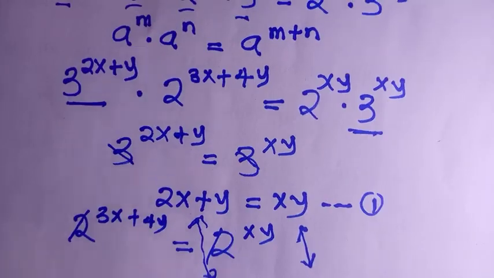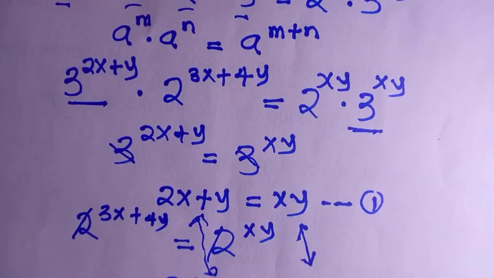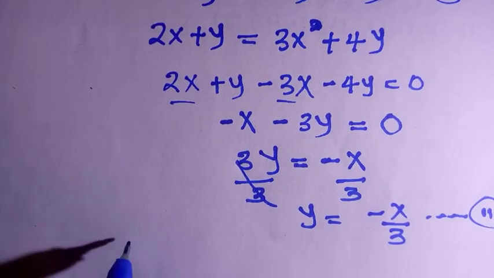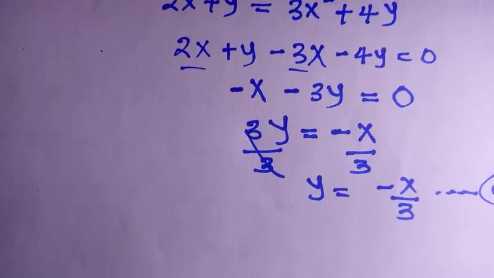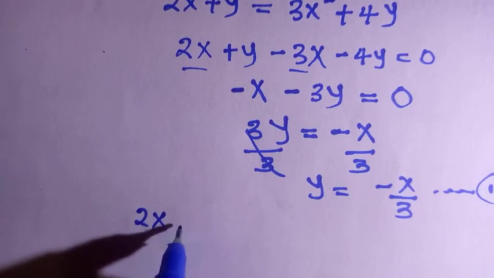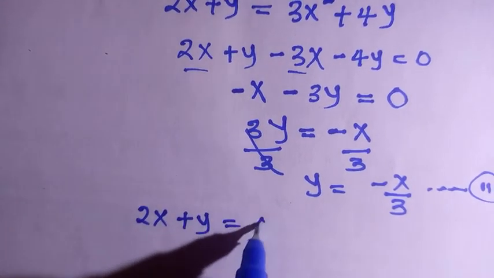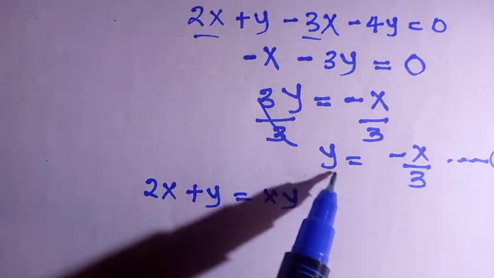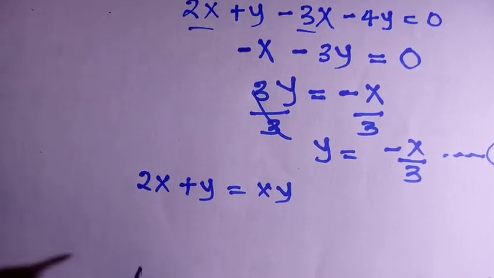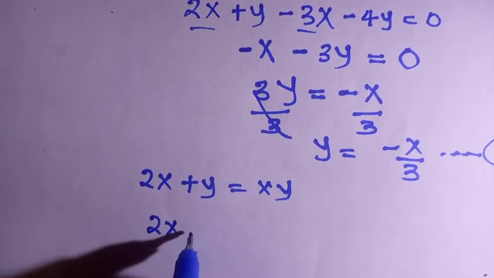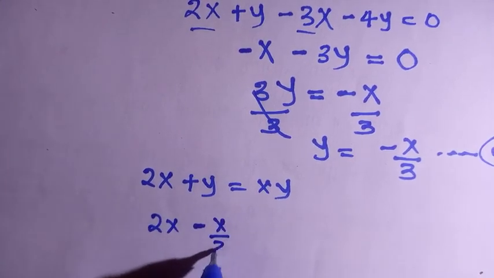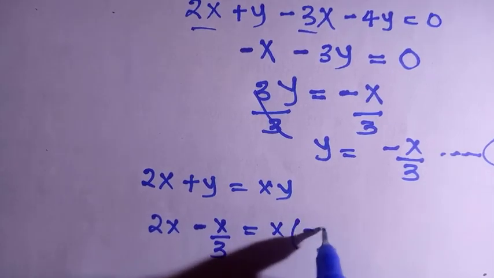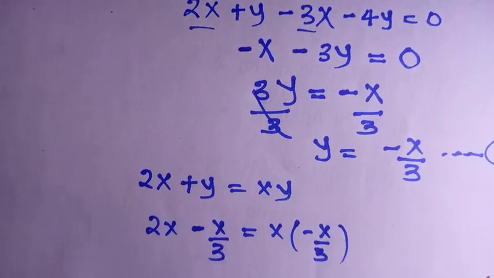So since we are given two different equations above, the easiest one is the first one. So let's put this third equation into equation 1. Anywhere we have y, we replace it with negative x over 3. So we have 2x plus negative x over 3 equals x times negative x divided by 3.